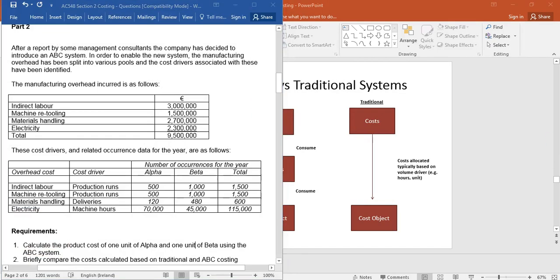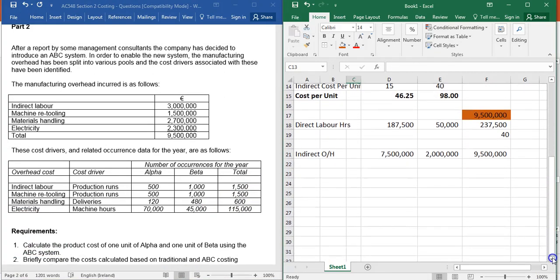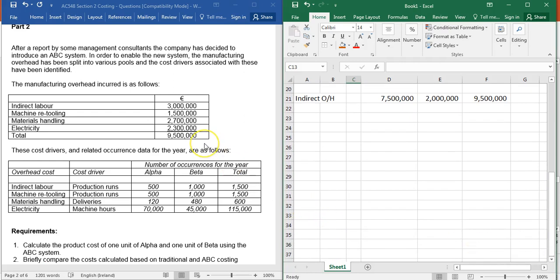So the way you approach ABC is very similar to the way you approach the traditional method. The only difference is you're going to be doing it multiple times because you're going to have multiple different cost pools. So you're still going to take each cost pool separately and take each driver separately and allocate across.